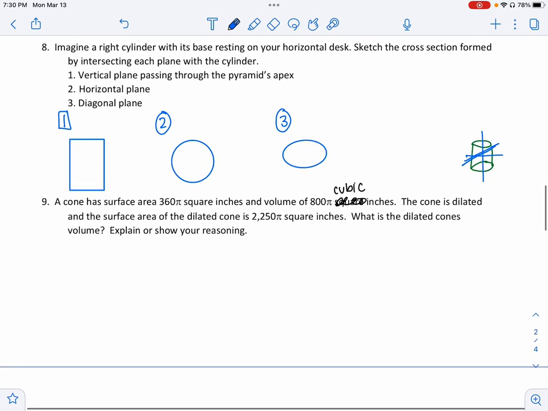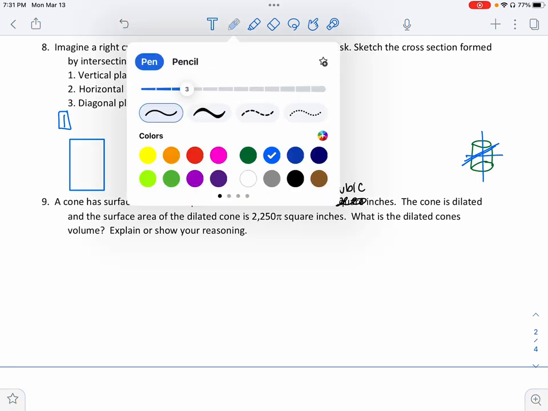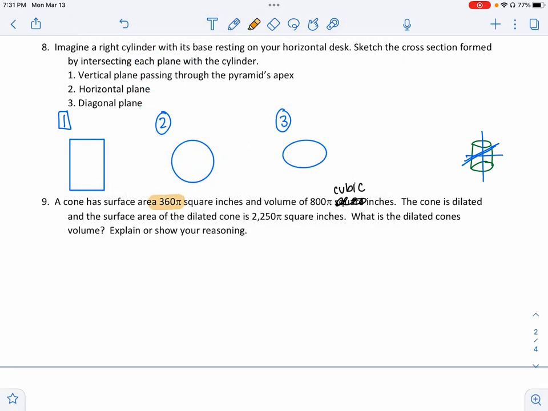Okay, and number 9, a cone has a surface area of 360 pi square inches and a volume of 800 pi cubic inches. The cone is dilated and the surface area of the dilated cone is 2,250 pi square inches. What is the cone's dilated volume? So surface area, volume, those are important. And we have the new surface area.